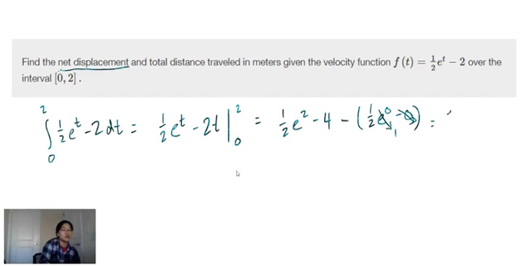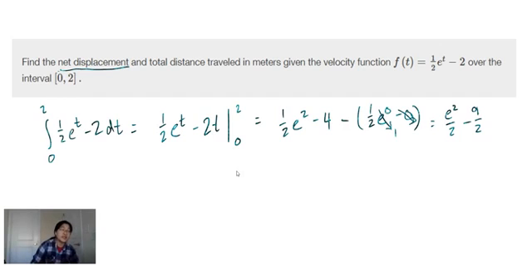So we're left with e squared over 2 minus a half. Oh, minus a fourth also. Minus 4 minus a half. So negative 4 is negative 8 halves. So this is negative 9 halves. Okay, so that's the net displacement.